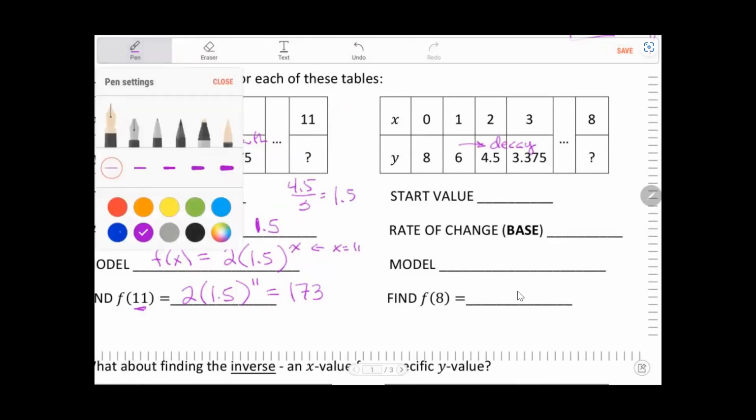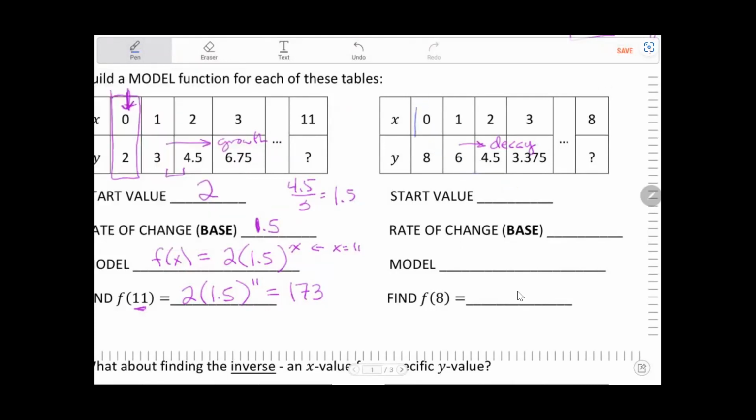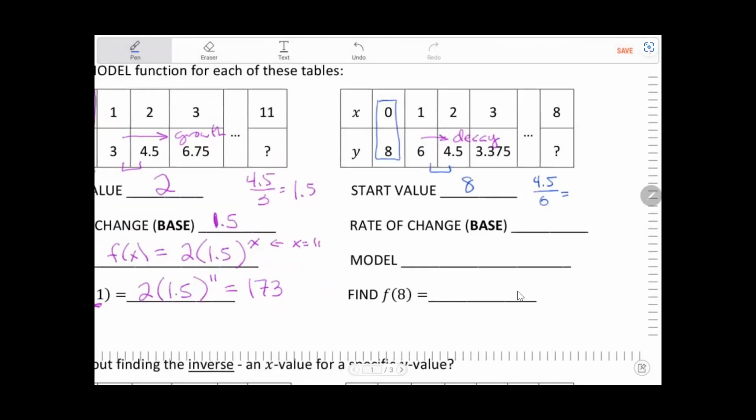All right, let's see if you got the same thing that I got. Starting value is where x equals 0, so that's going to be an 8. And then I'm going to take these two, 4.5 divided by 6. I put that in my calculator, and I get 0.75.